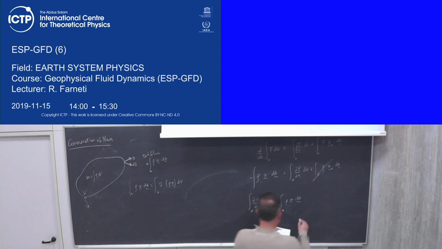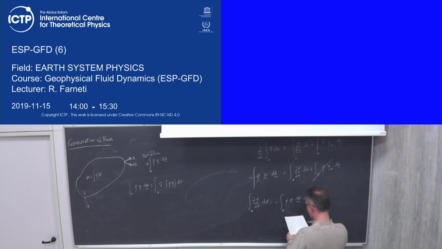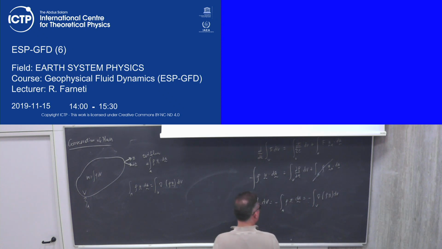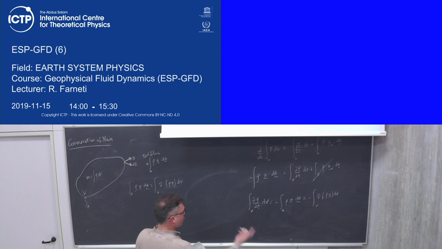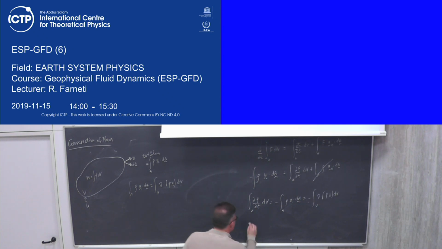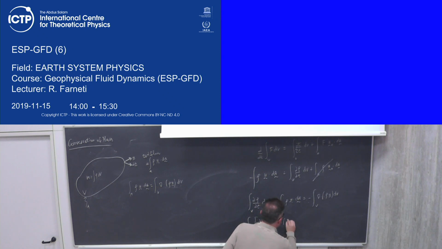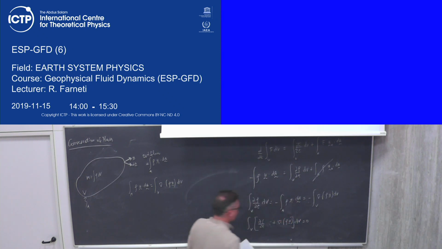So now this is equal to minus the divergence of rho u dV. So now I can put them on the same side. d rho by dt dV plus the divergence of rho u is equal to 0.